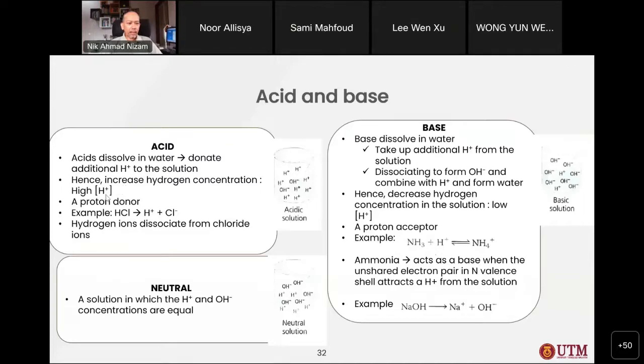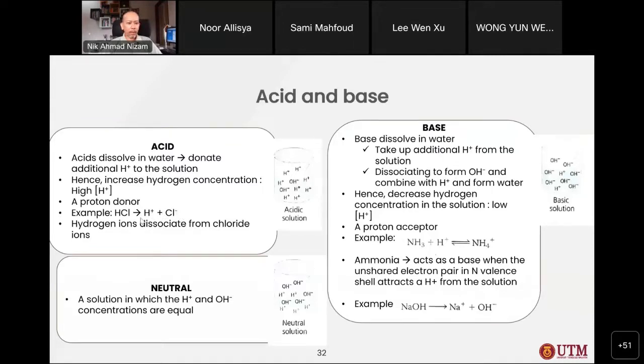And the acid is also called a proton donor. An example is hydrochloric acid, HCl, which dissolves in water and dissociates into hydrogen ion, or proton, H+, and chloride ion, Cl-.